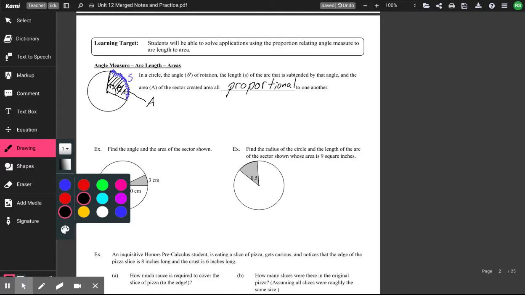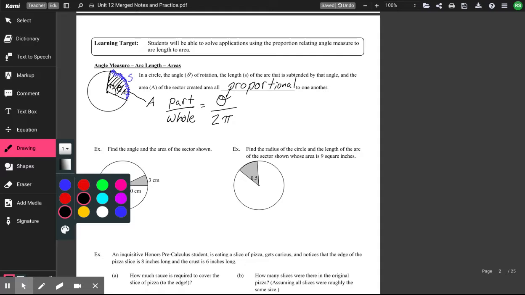When we think about a proportion or a ratio, we're thinking about the part over the whole. We have just a little piece and we put that over the entire section that we are looking at. So our angle theta is a part of the whole being 2 pi radians. If we measure theta in radians, 1 revolution around an entire circle is 2 pi radians.